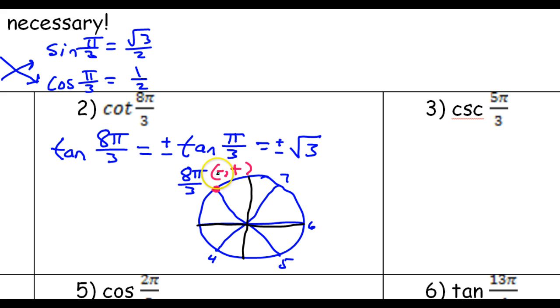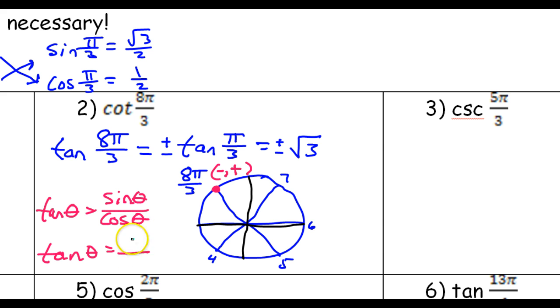Now remember, this is cosine and sine. But tangent, remember that tangent is sine over cosine. So that means, in this case, the tangent is going to be a positive number divided by a negative number, alright? Because the y value is sine and the x value is cosine. But a positive divided by a negative is a negative. So that means the tangent is going to be negative in this quadrant.